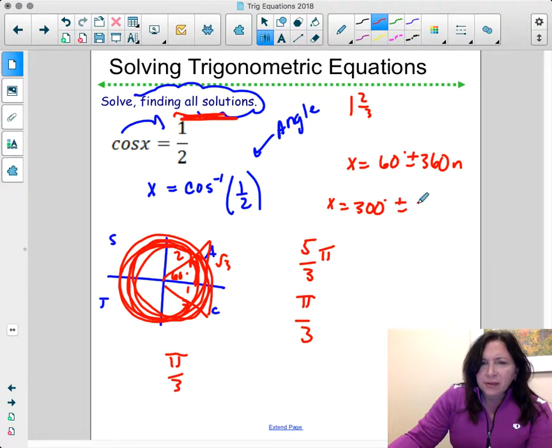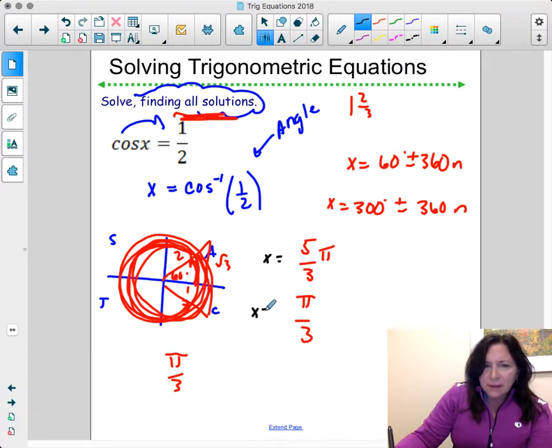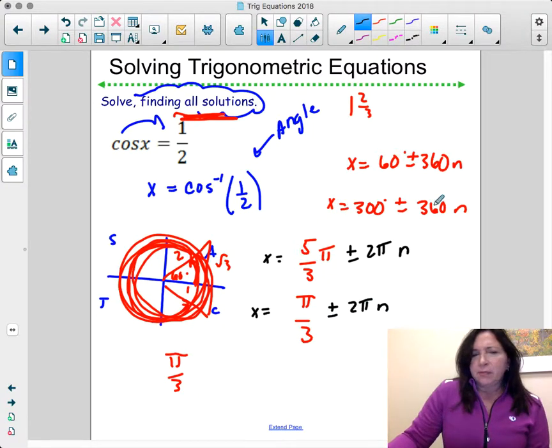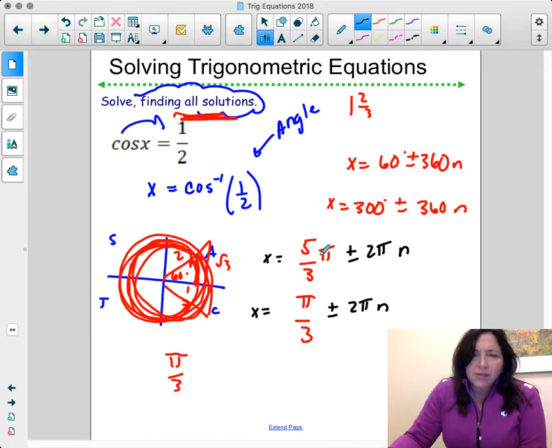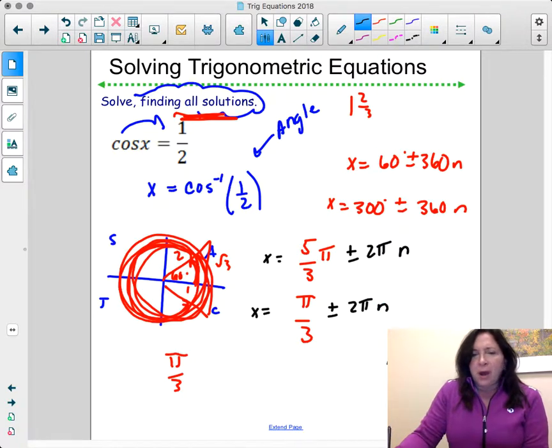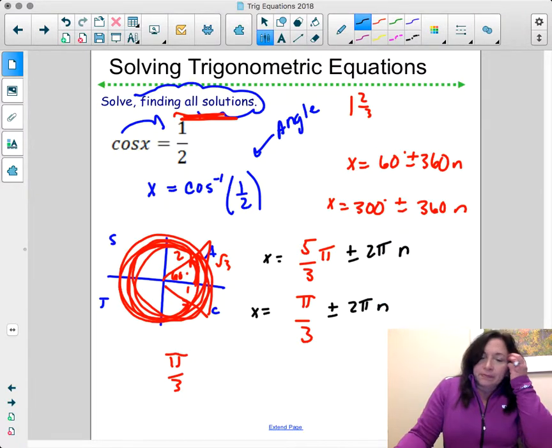Similarly, if I am in radians, you're going to say plus or minus 2 pi n. It's possible that on a test, we might ask you, what's the next value besides pi over 3, 5 pi over 3? Well, you would take pi over 3 and add 2 pi n, and then get that answer.